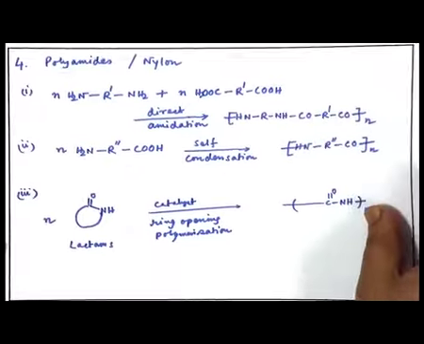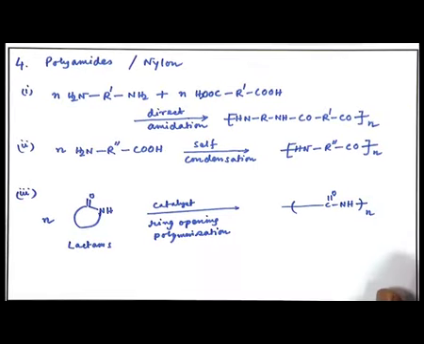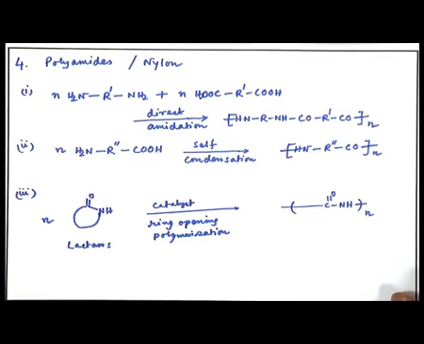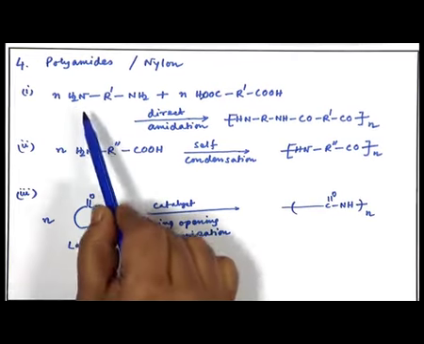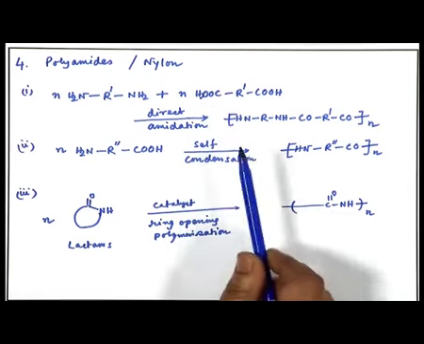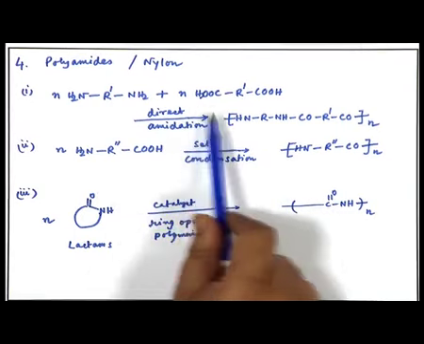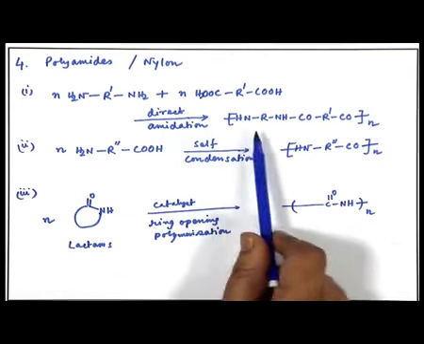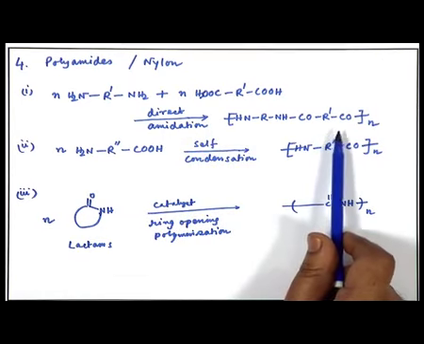The fourth polymer we discussed in the last lecture was polyamides, which are commonly known as nylon, and there are three ways we can make them. We can take a diamine and a diacid and do a direct amidation reaction between the two to form a polyamide.